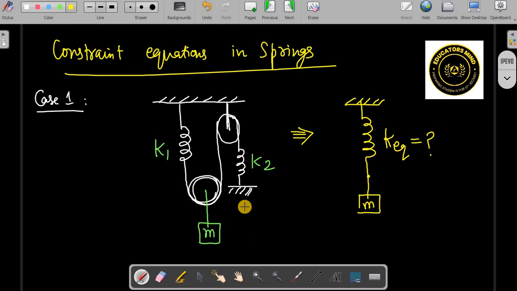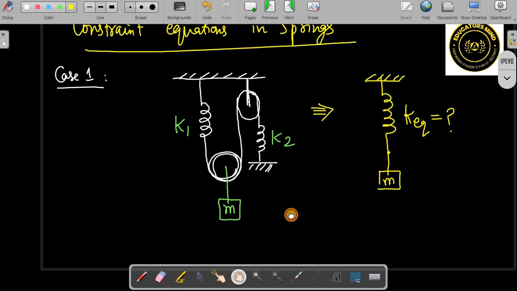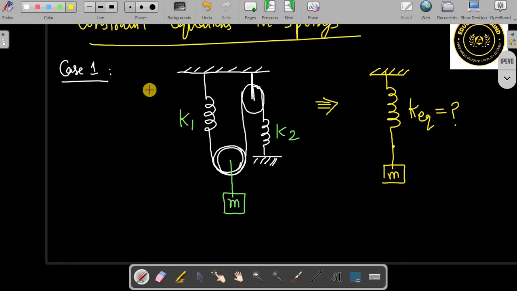Here the length of this spring will change, so we have to apply the constraint properly. First draw the free body diagram. Here the forces are mg, and here there is a tension T. The same tension also acts downward on this pulley. The pulley has no mass, so no mg will be there.